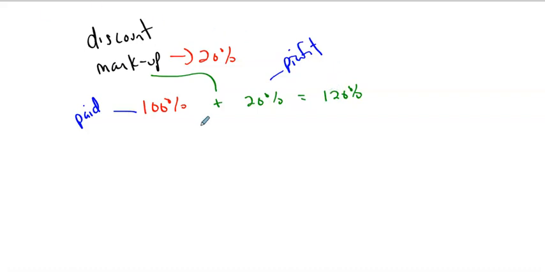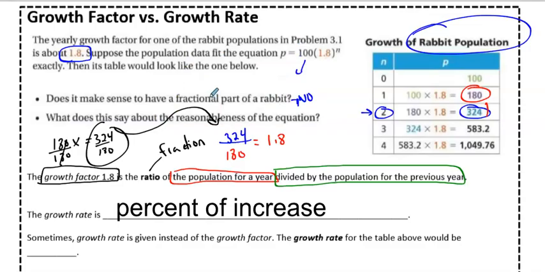The main thing here is you're always starting at 100%. You have 100% of something, and then you're increasing it or decreasing it. This is what's happening in the population. If I have 100% of my initial population, I'm at 100, I have all of it. Then I decide to increase this population.